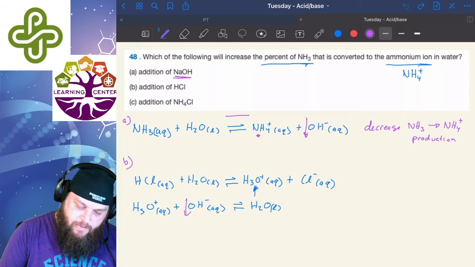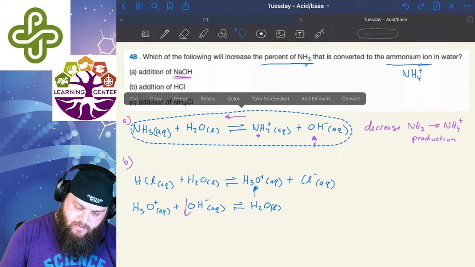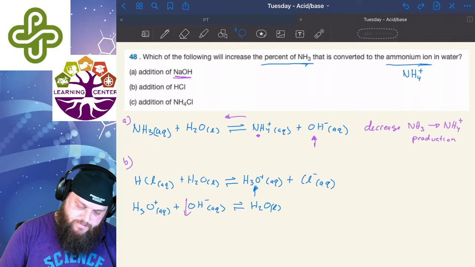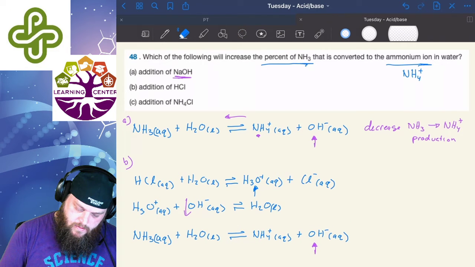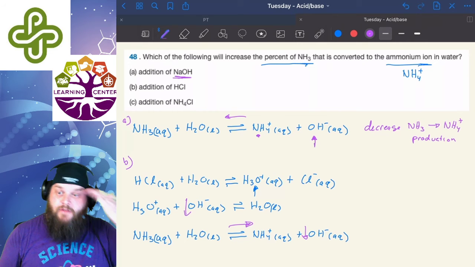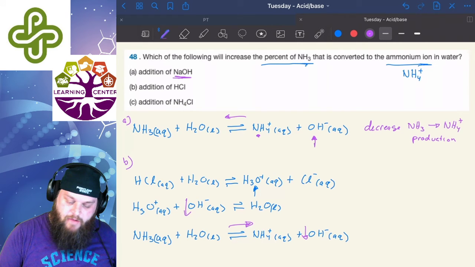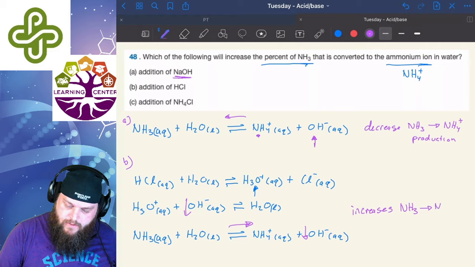And I know I'm writing it up on A. I should really copy and paste to my original copy. There we go. So by reducing my hydroxide, I'm driving the reaction more to the right, causing more of that product to be created, which increases the NH3 to NH4 plus production.